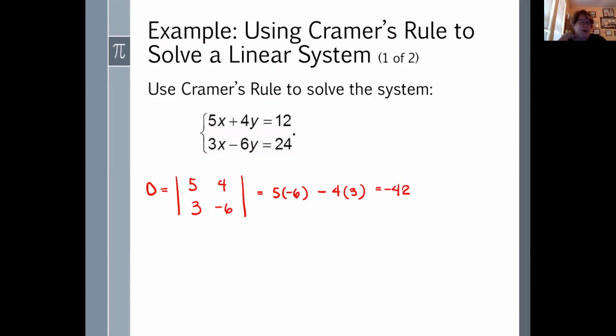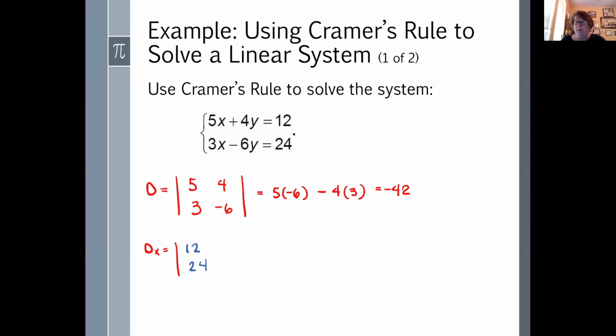The second determinant I need to find is d sub x. So what I'm going to do is I'm going to replace the first column in the determinant d with my constants. So I'm going to take that first column and replace it with my constants.